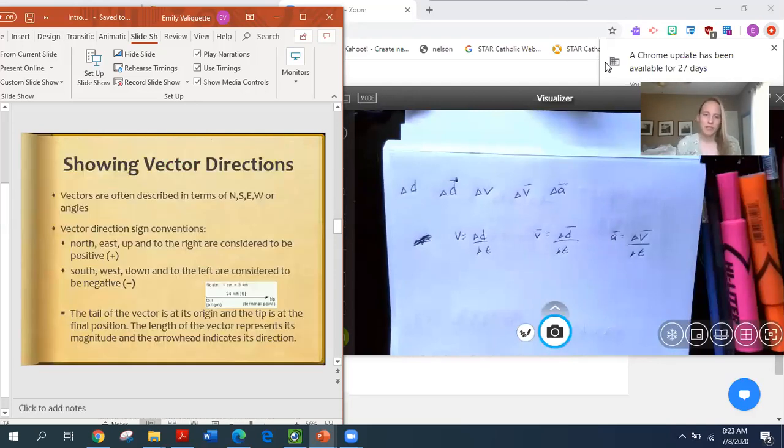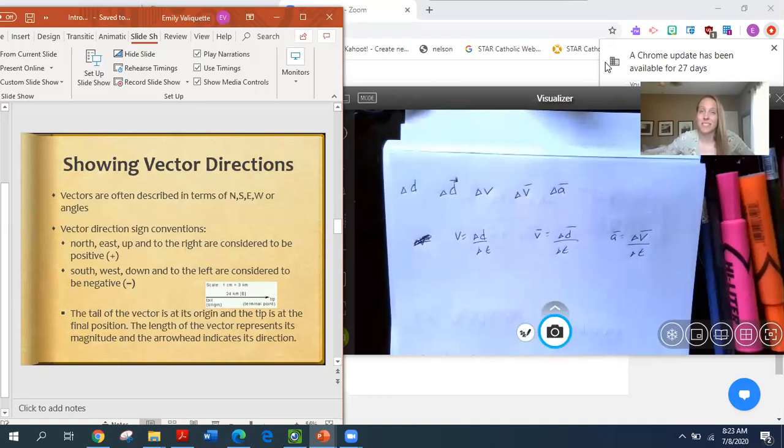Usually when we're describing vectors, we do use compass directions, so north, south, east, west, that kind of thing. You can also use angles to describe that. So you might say that you moved 45 degrees clockwise or something like that.